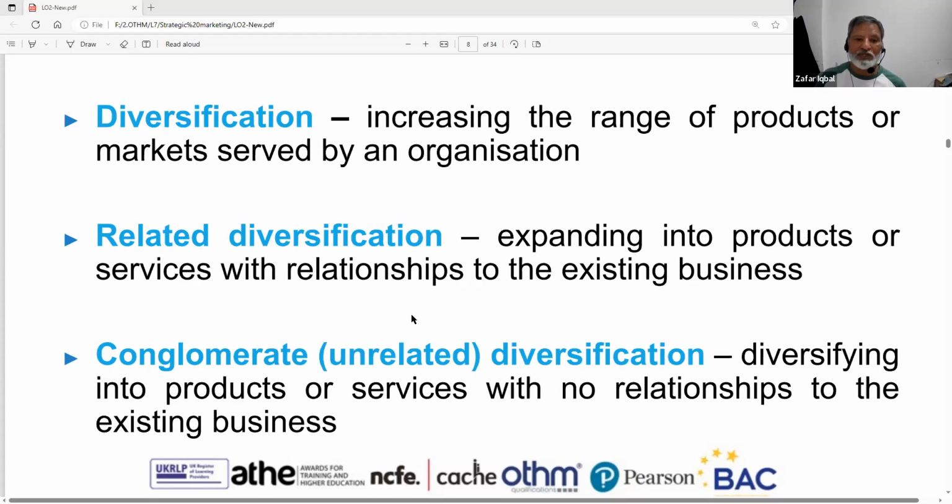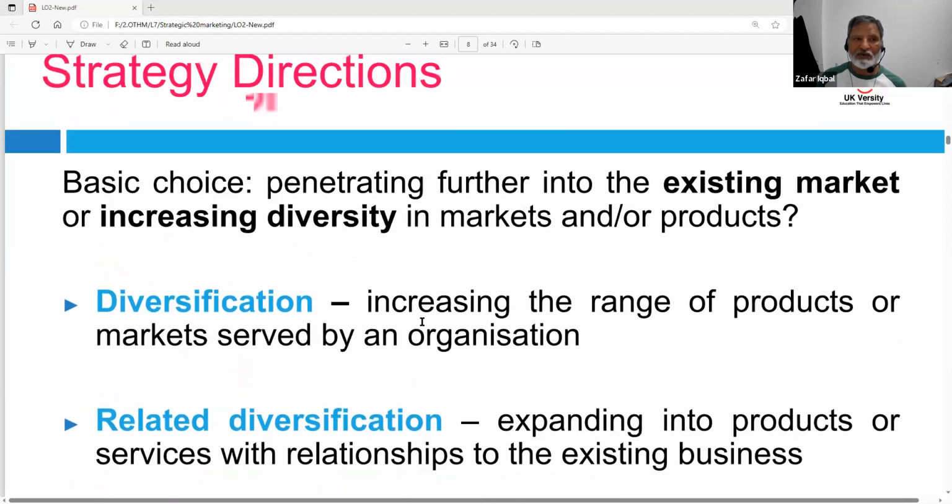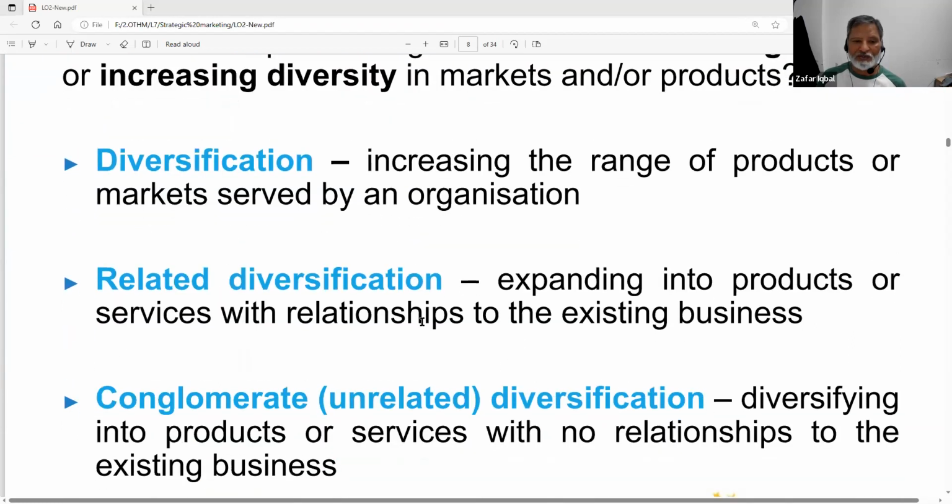So you've got to be aware which choice you've got to make. Either you're going to go for existing markets or diversifying into related markets or unrelated markets. Okay, so you've got to make a choice, or the company's got to make a choice, or the organization. So there are different strategic directions that organizations can go into.